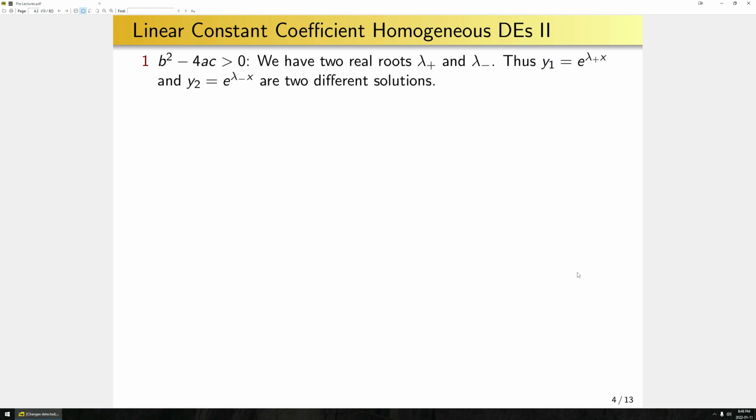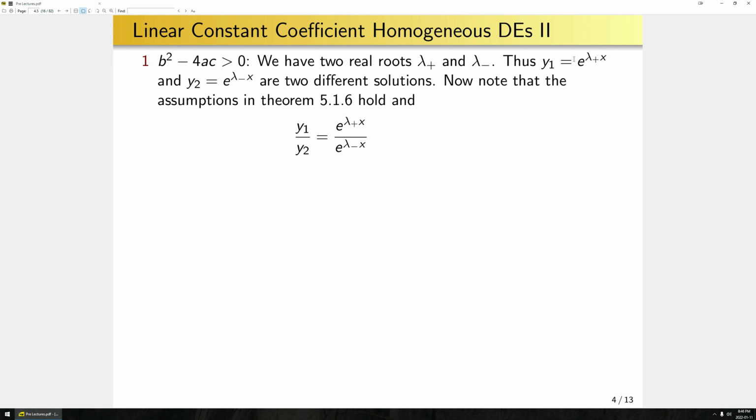Our overarching goal was to find the general solution, and we know from some of the theorems we showed in the last lecture that to find the general solution, all we need is to have two distinct solutions that are linearly independent from each other. So let's use one of those theorems to try to show that these are linearly independent, or show that they're not. Note that the assumptions that we have on this differential equation are the same assumptions that we need in theorem 5.1.6. So those assumptions hold, and thus that theorem is valid. Now we can simply compute y1 divided by y2.